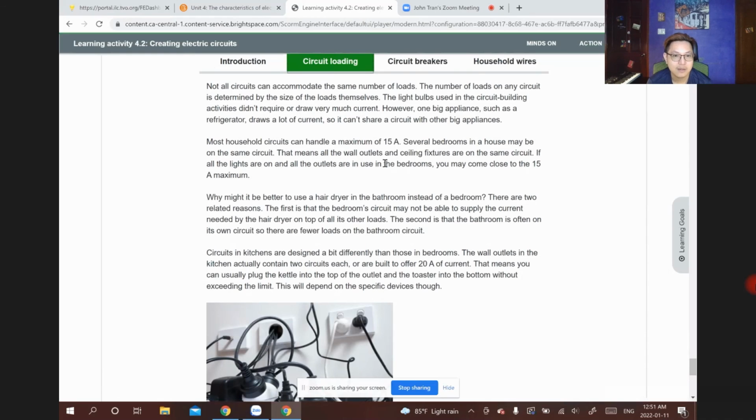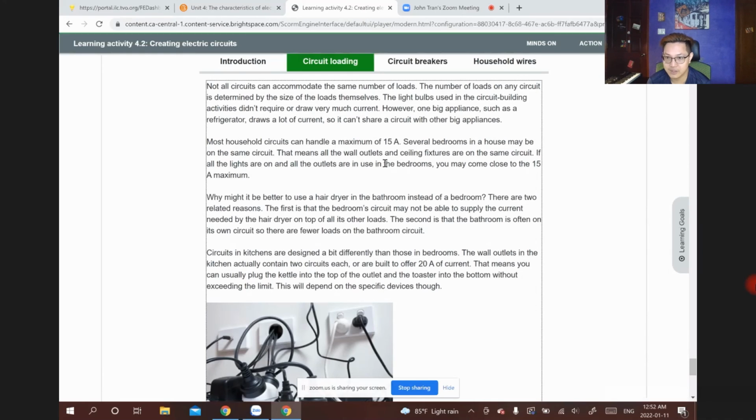Okay, so basically several bedrooms in a house may be on the same circuit. So if you use a hairdryer in the bedroom, it's in the same circuit. Other people in other bedrooms are using some other things.